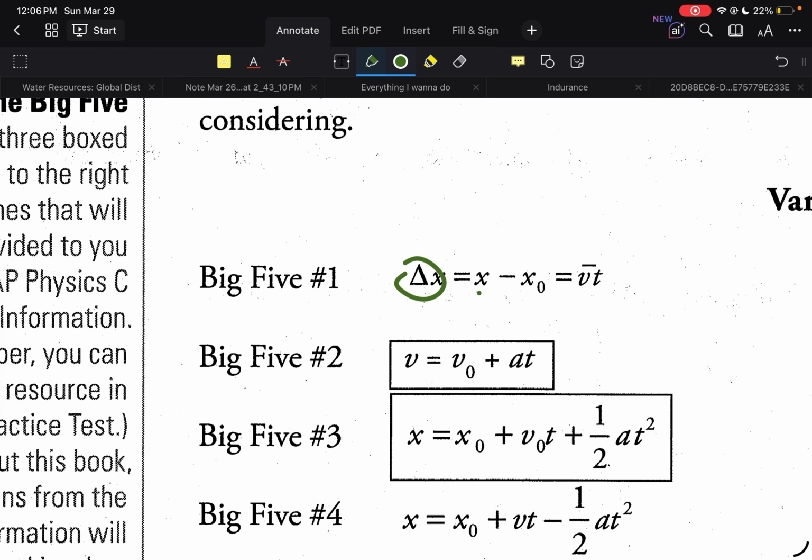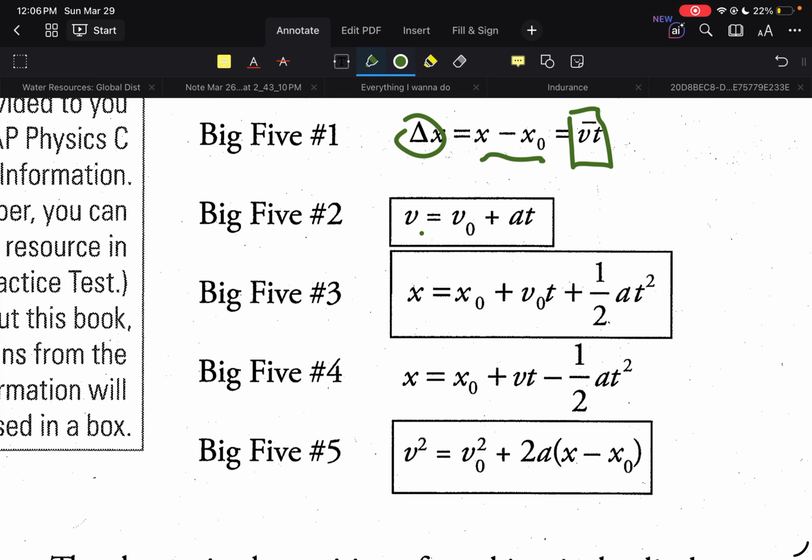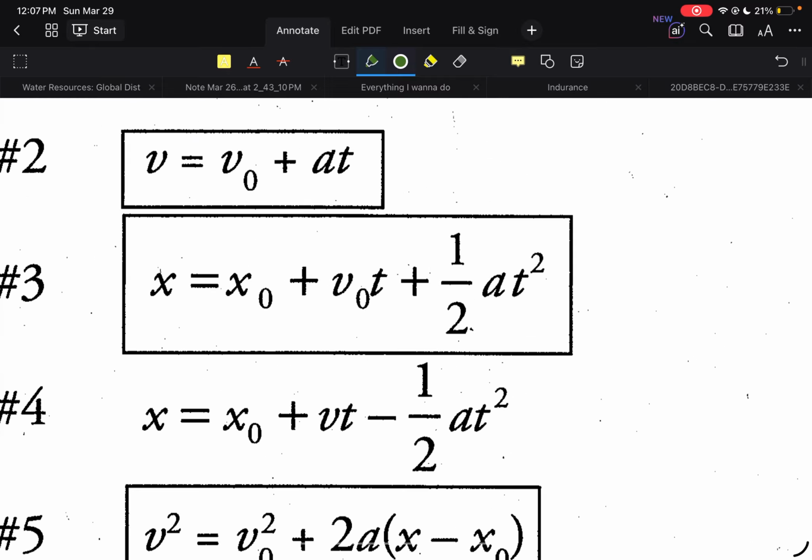We know that change of x is equal to average velocity times time. We know that v is equal to v initial plus acceleration times time. That should make sense to you. We also know that change of x is equal to v naught times t plus 1/2 acceleration times time squared.